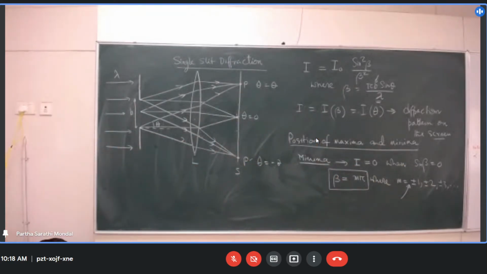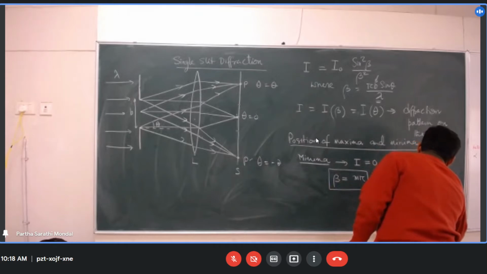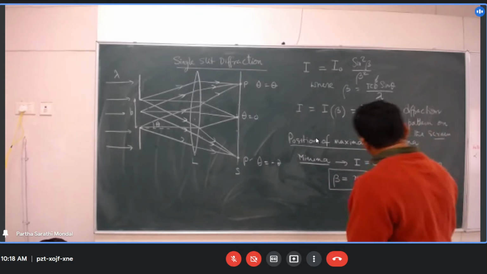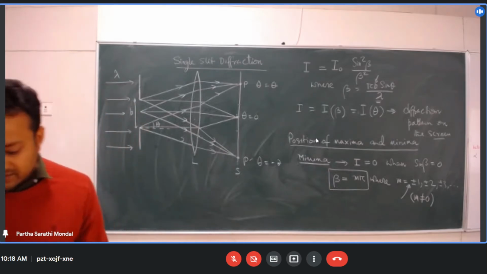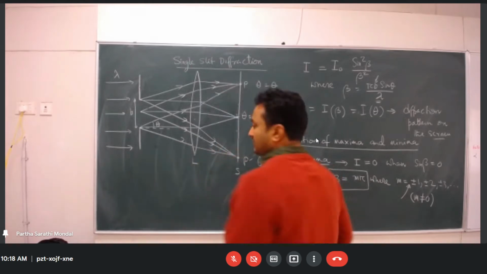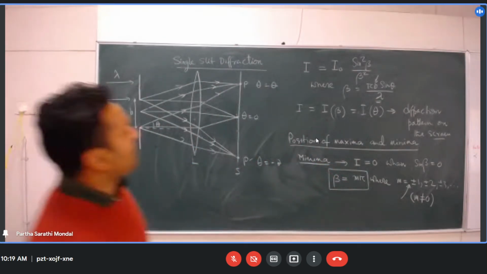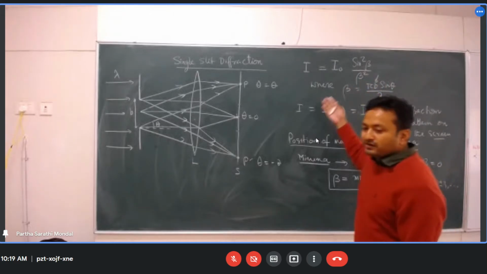Actually, m equal to 0 will give you a separate situation. m not equal to 0 here; you cannot include it. So now if I put m equal to 0, then what happens? Sine beta by beta will give you 1.